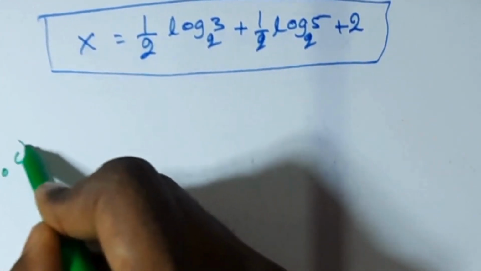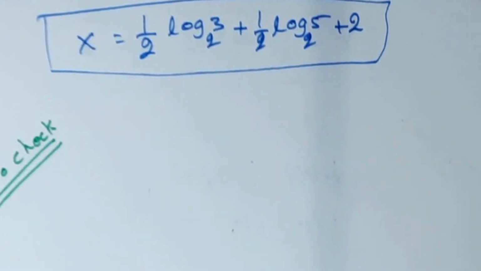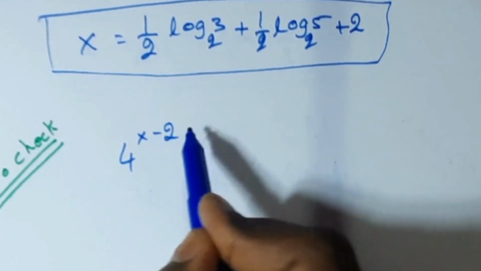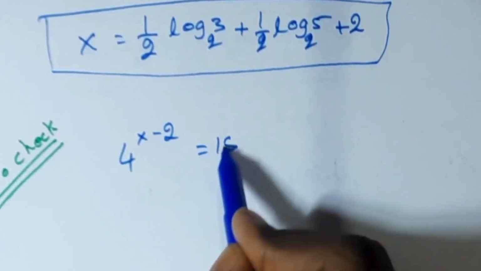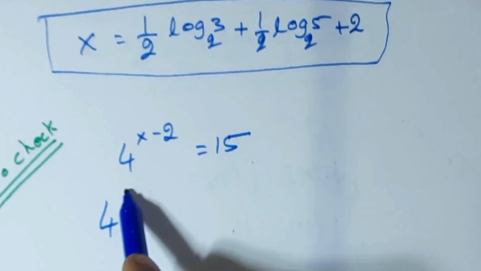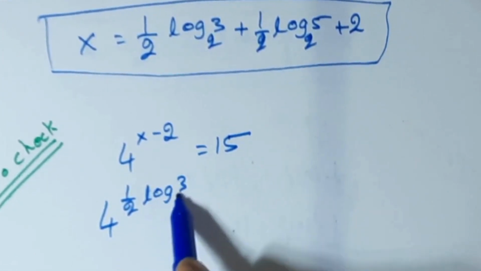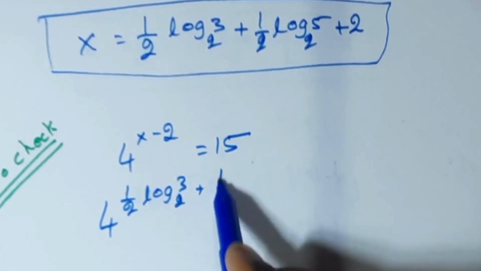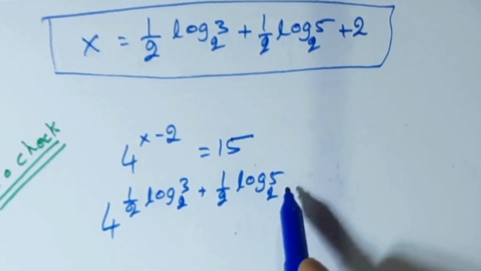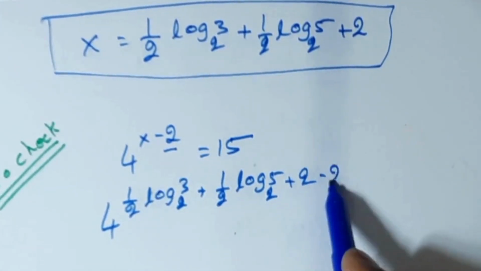To check with the equation that 4 to the power of x minus 2 equal to 15. Now 4 to the power of 1 by 2 log 3 base 2 plus 1 by 2 log 5 base 2 plus 2, this minus 2.